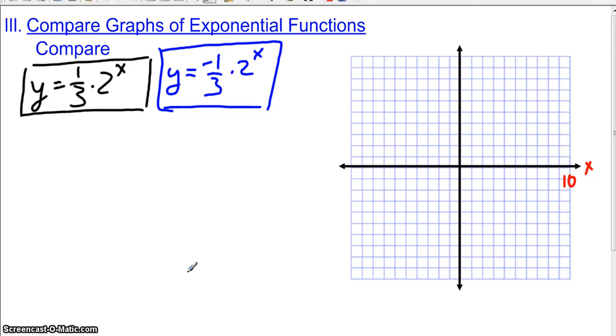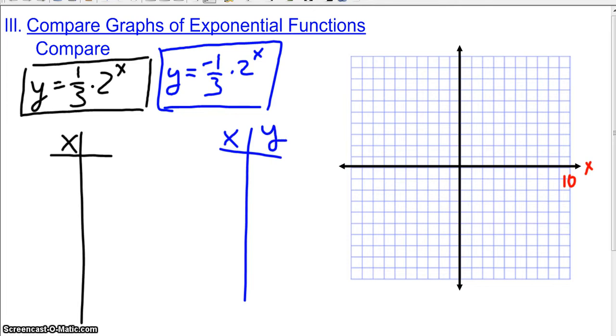It's negative. That's the only difference. So let's see how that negative affects the A. Negative A there. Opposite A, otherwise same value, affects the looks on a graph. Okay? So we'll make 2 tables. And we'll use those same values.